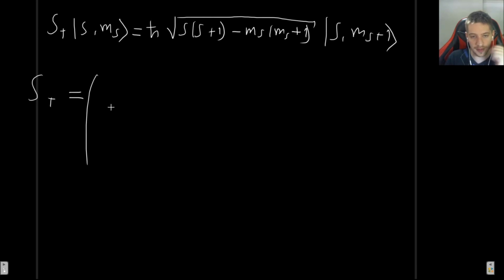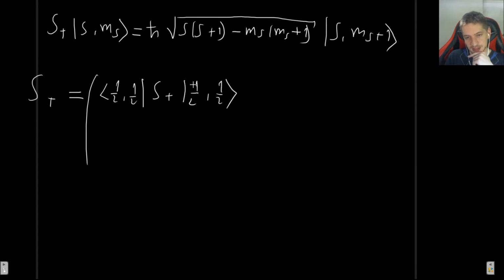So let us now apply this to the first state, to the up state. So here we're going to get 1 half, 1 half times S plus 1 half, 1 half. But when we apply this operator, we're going to get some number, which can just go outside.